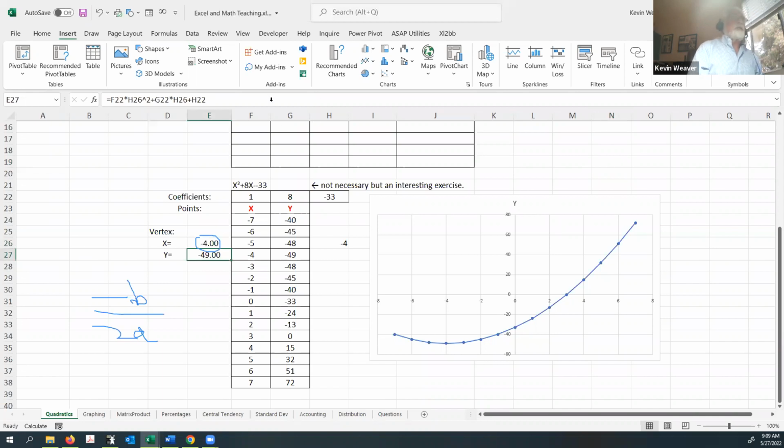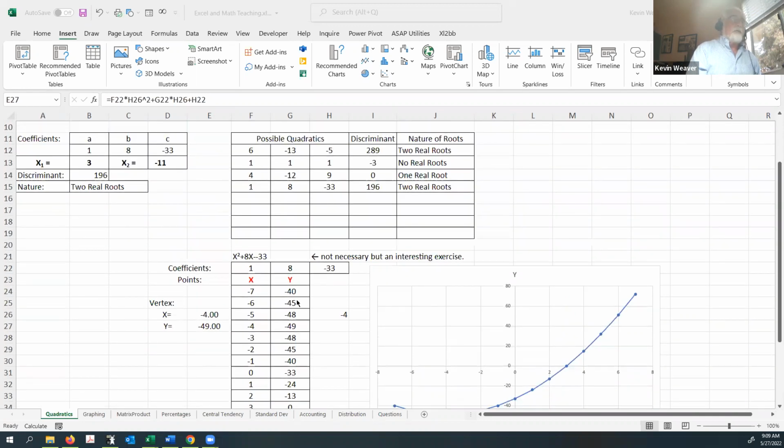And what's nice is that it reinforces them if they hover the mouse on the point. When they do, you'll notice that Excel says that I'm looking at this point, which is -4, -49. And that, in fact, is the vertex. Pretty simple and very straightforward.